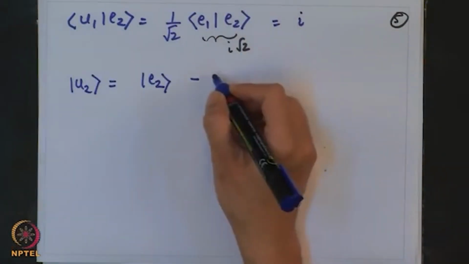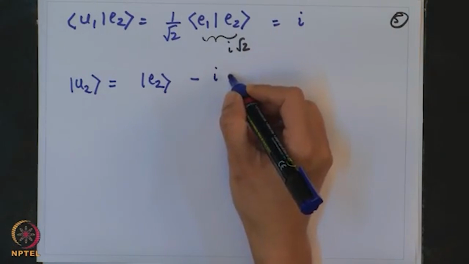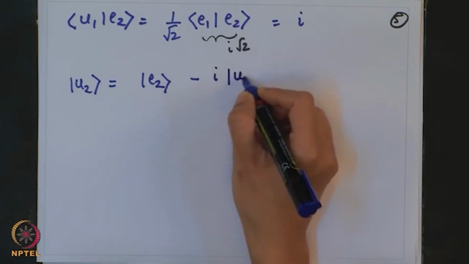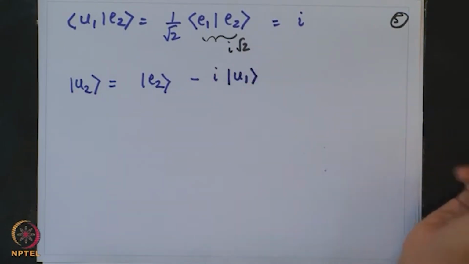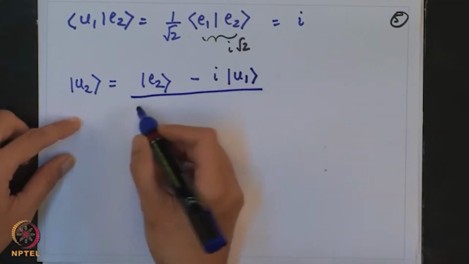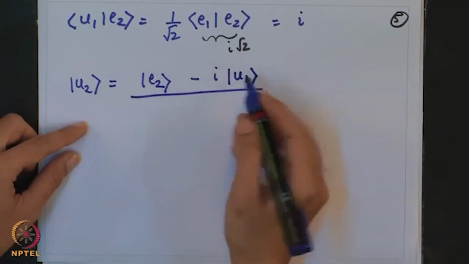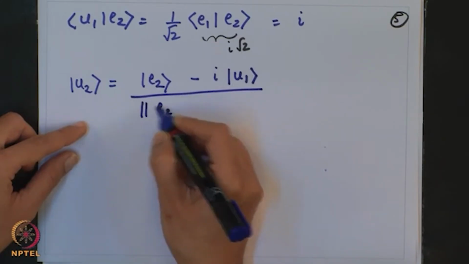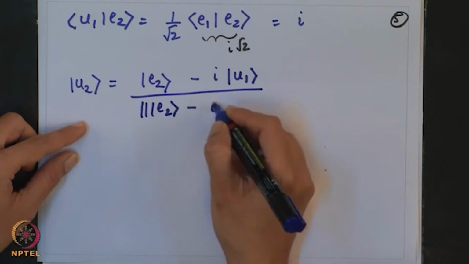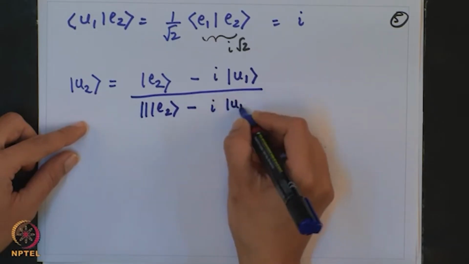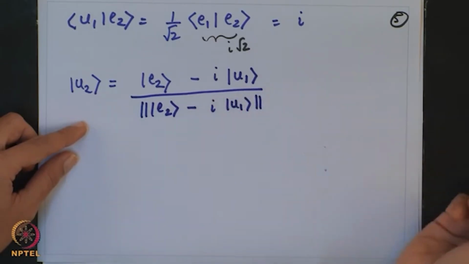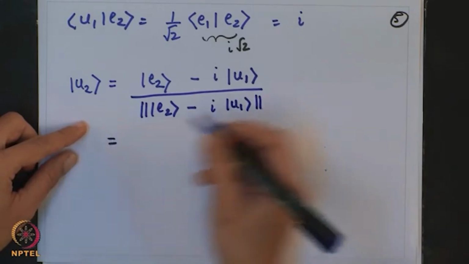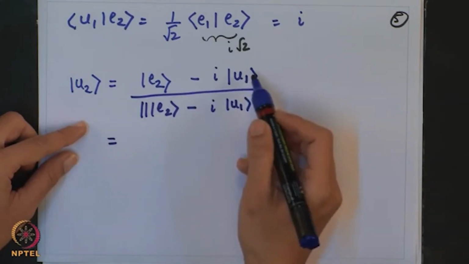So it will be i times U1, okay, divided by, I will calculate the norm of this quantity which I wrote just now as E2 minus i U1.